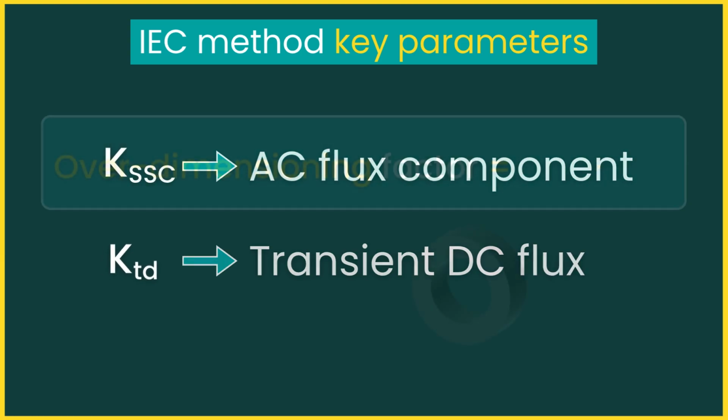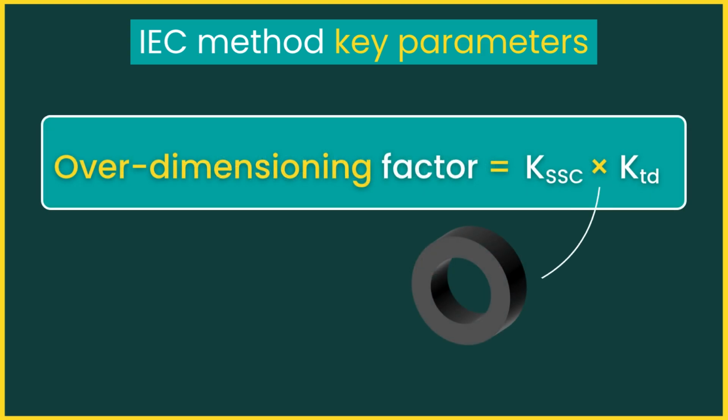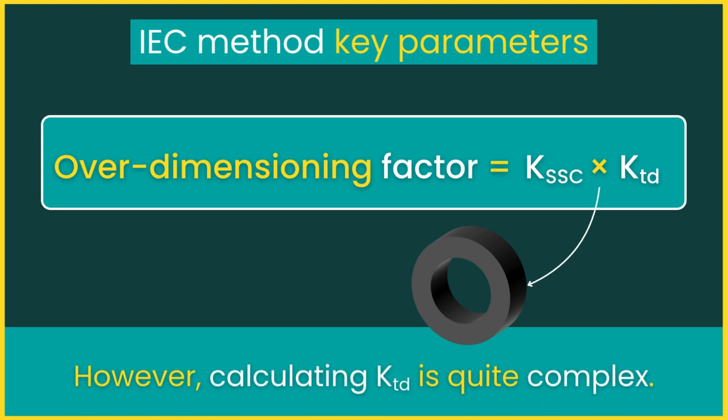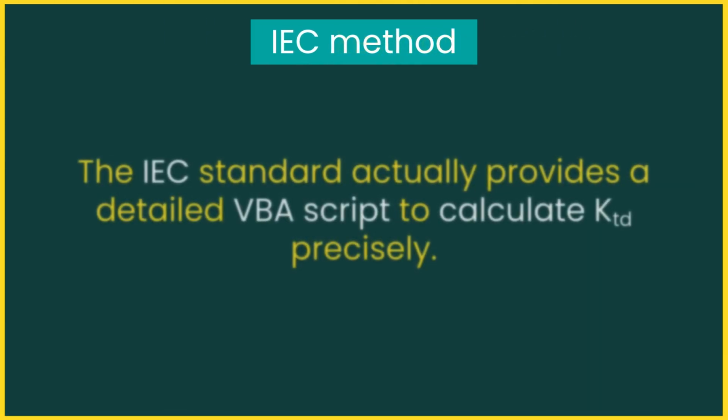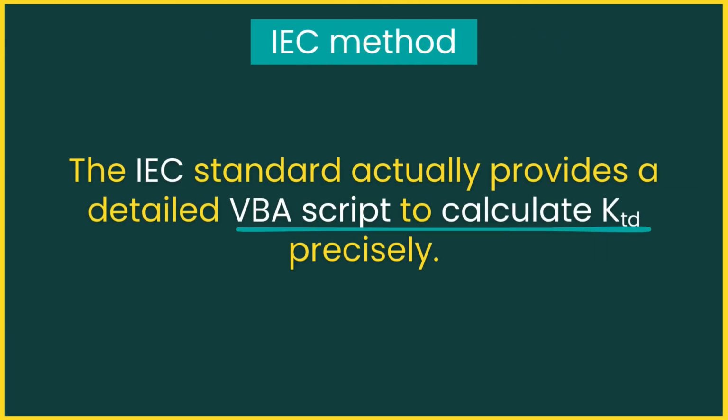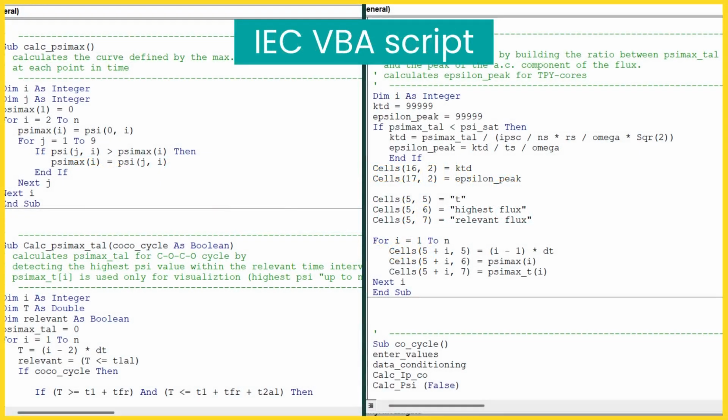In fact, the core is designed based on the product of Ktd and Kssc. However, calculating Ktd is quite complex. The IEC standard actually provides a detailed VBA script to calculate Ktd precisely. We have used that exact VBA script to develop a Ktd Sizing Tool, which automates this entire process.